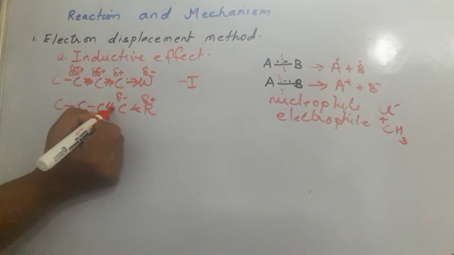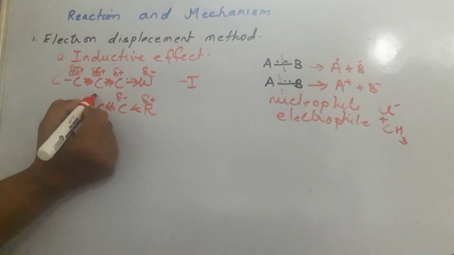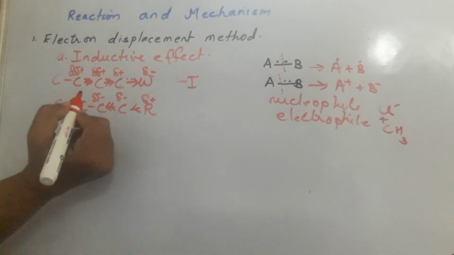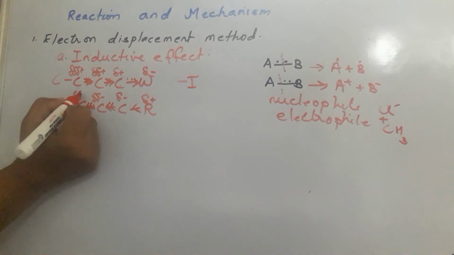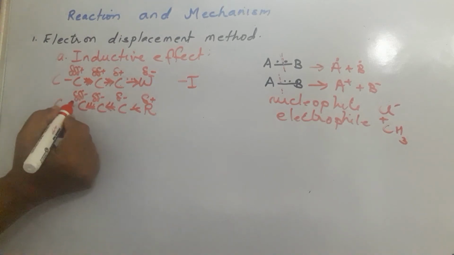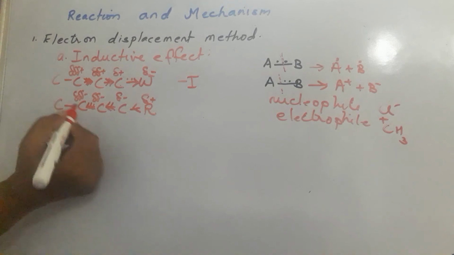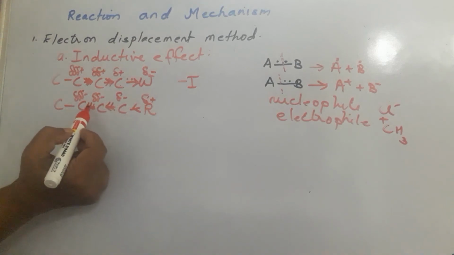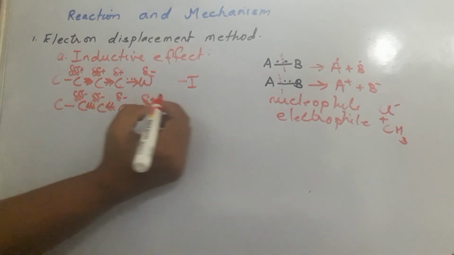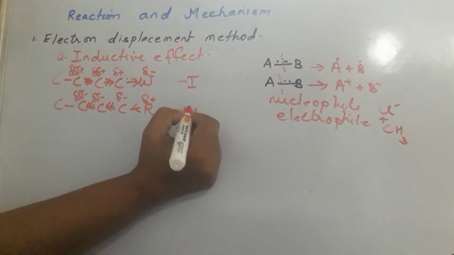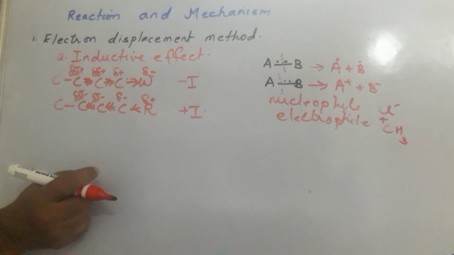In turn, the sigma electron will be repelled towards the second carbon, so it develops a slight negative charge. Again it is repelled to the third, and the magnitude of the negative charge decreases, thus developing partial negative charges on the carbons in the chain. This type of effect is called plus I effect.